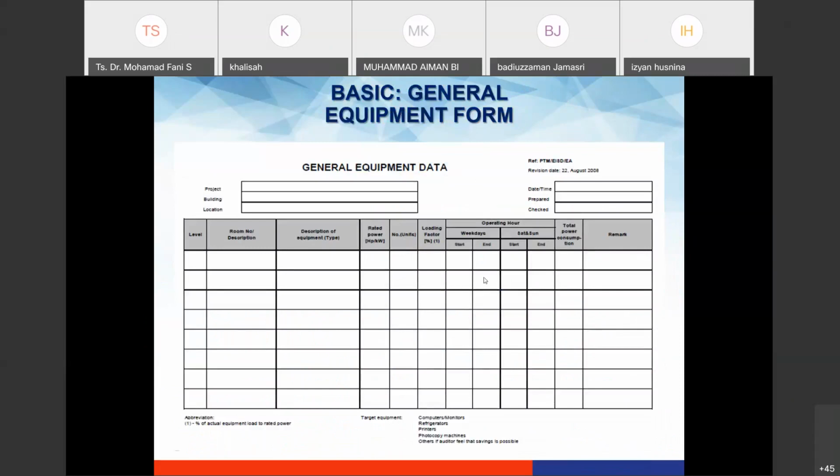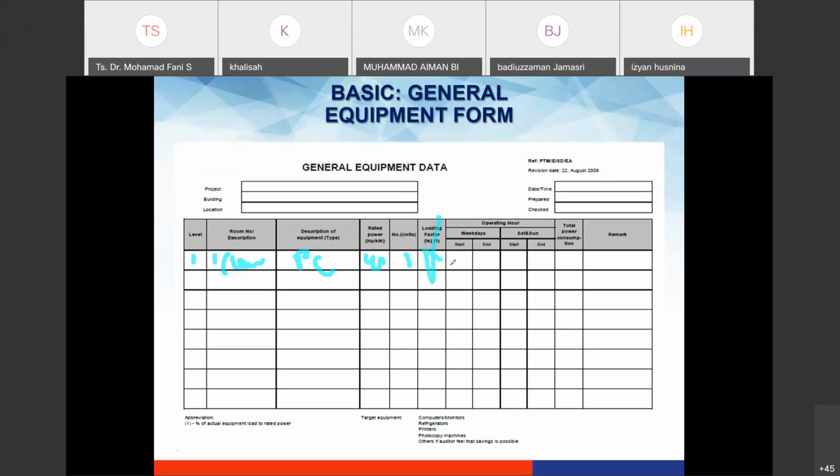General equipment form. This one is for plug load equipment. For example, level 1, room number 1, lecture room. Type of load PC. Rated power of PC 40, unit 1.